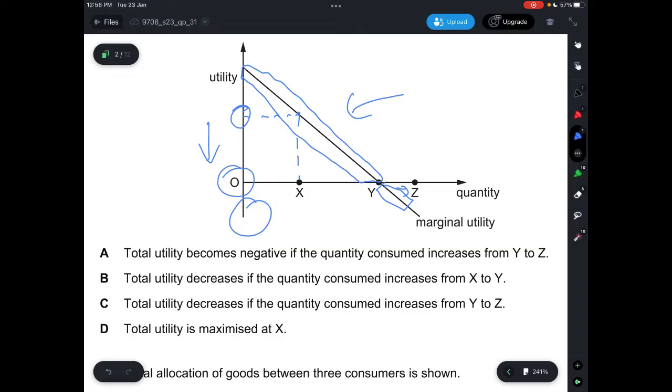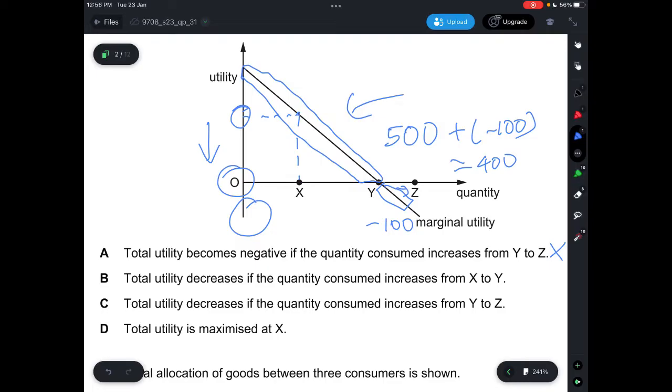Let's say the total utility from consuming quantity Y is 500. From Y to Z, you're getting, let's say, negative 100. If you take 500 and add negative 100, you'll get 400, which means that the number is still positive. So the answer cannot be A.